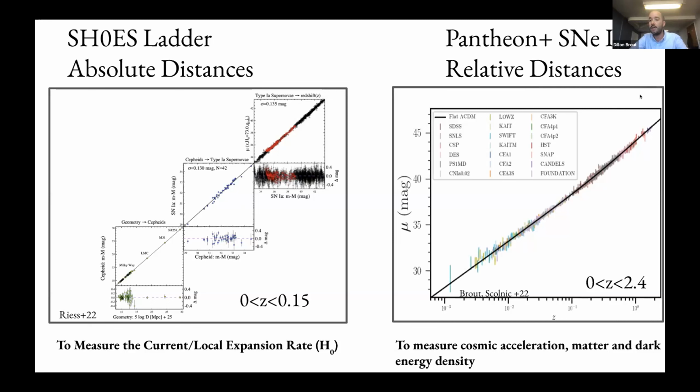And then on the right-hand side, we're going to be talking about Pantheon+, which are Type Ia supernova relative distances. So they're not necessarily calibrated, and part of what the distance ladder does is to calibrate them. But in this case, we're talking about relative distances of Type Ia supernovae, all the way out to redshift 2.4, so covering something like 11 billion years of cosmic history.